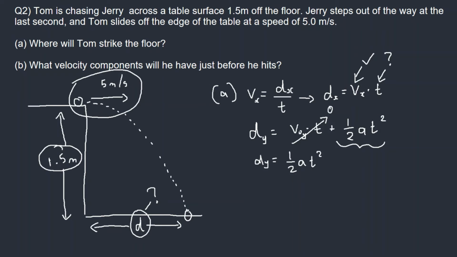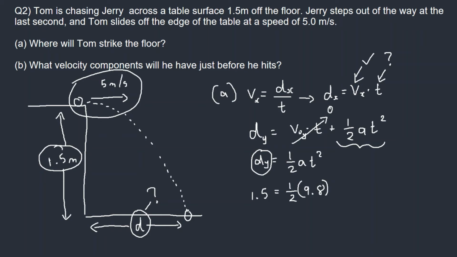Now I can start putting in the numbers of everything that I know in this equation. Dy is just the height, so that would be 1.5 equals half. The acceleration is the acceleration due to gravity, so I can write that as 9.8. Technically this would be negative.